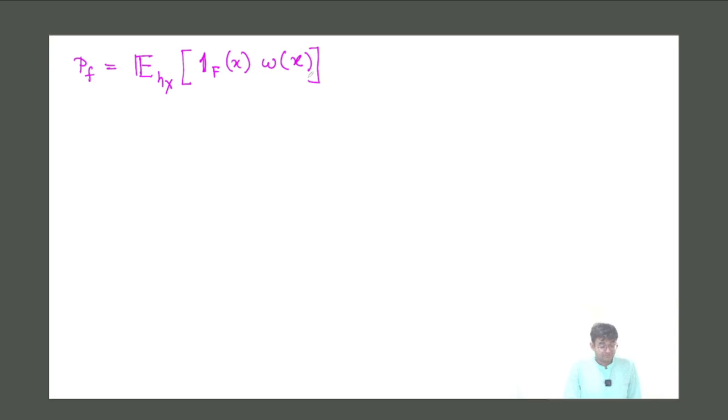Let me tell you what is the motivation behind doing this. Okay. To understand the motivation behind doing this, you need to understand why the convergence rate is low in case of MCS. Why is the convergence rate low?